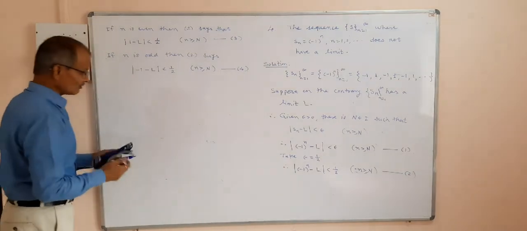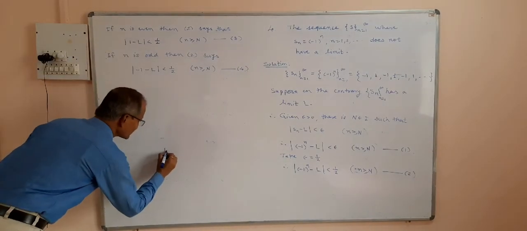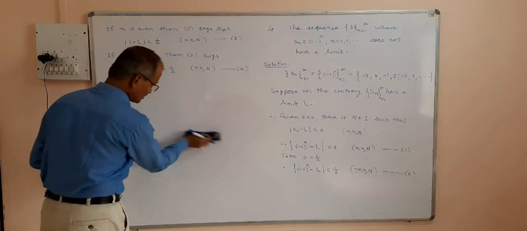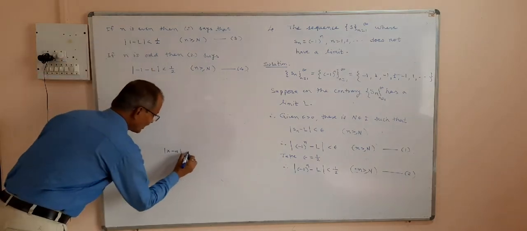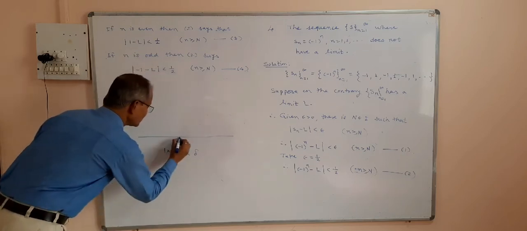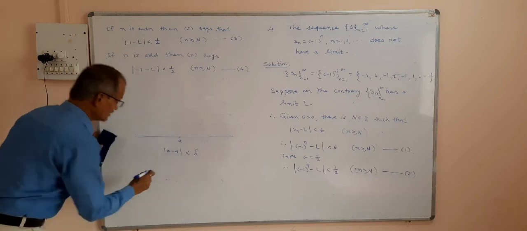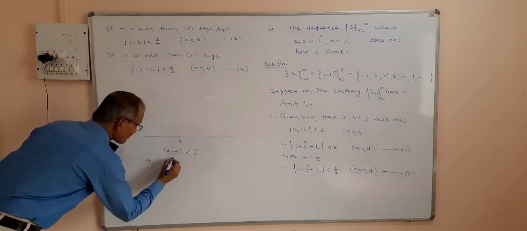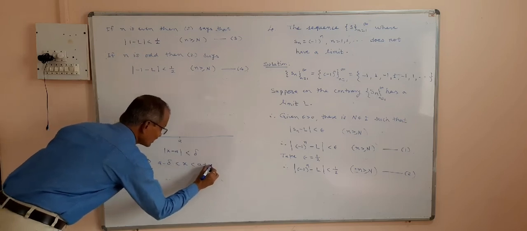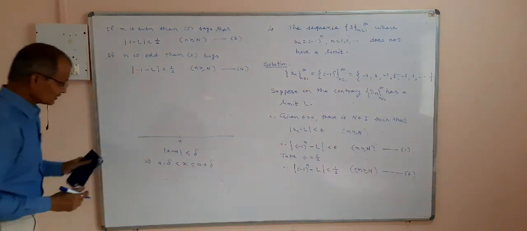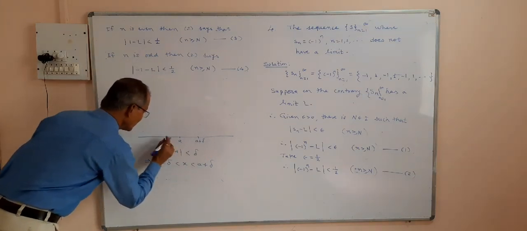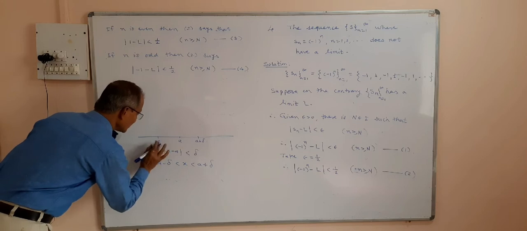Geometrically, what is the meaning of |x - a|? |x - a| stands for the distance between x and a. If it is less than delta, with a marked here, this implies a - delta < x < a + delta. The delta distance on this side is a + delta, and on the left side is a - delta.